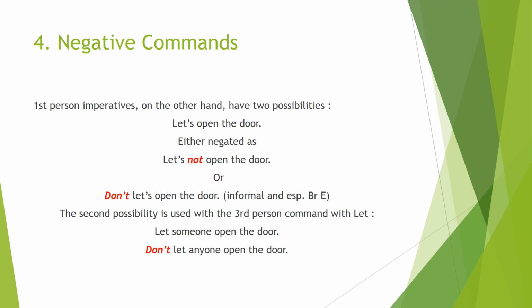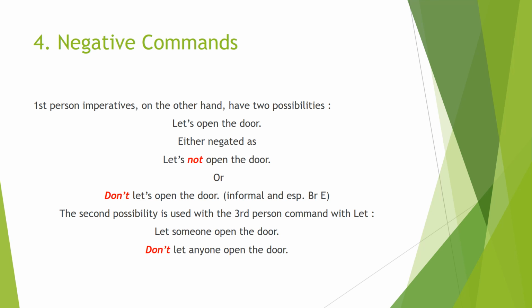For example, let's open the door, and the negative becomes let's not open the door. Or we can use don't. Let's open the door, and the negative becomes don't let's open the door. And they say that using not is more preferable in informal English and especially in British English.